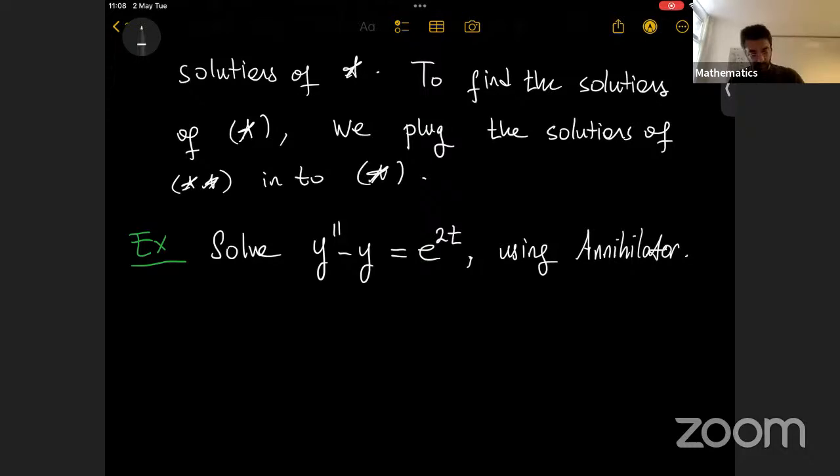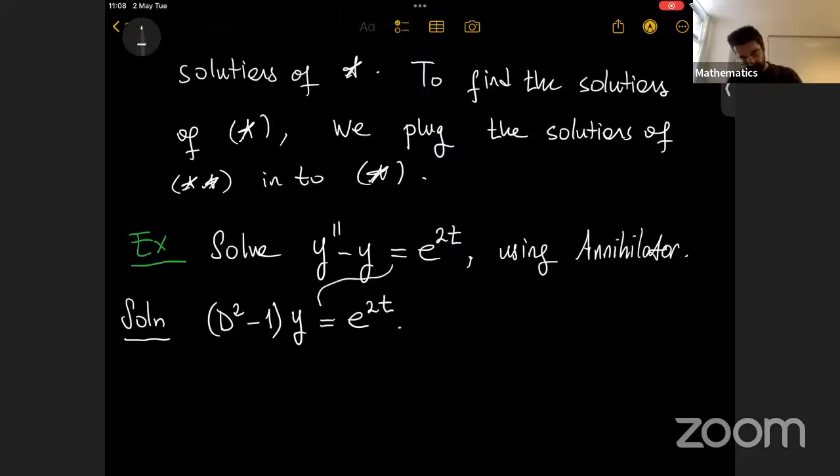Okay, using annihilator. So what is the annihilator of e to the 2t? Or maybe let's write the equation in this form: (D squared minus 1) y is equal to e to the 2t, right? You can also write it like this.